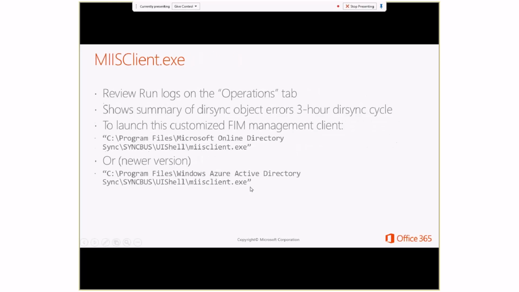Also, AAD Sync, even though I set the expectation that we're not going to be covering AAD Sync, there is one critical change: if you want to customize the attributes or OU filtering, you actually have to run the synchronization rules editor rather than MIS client to update those values.